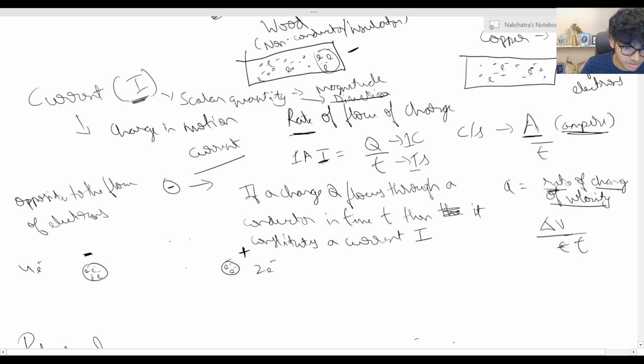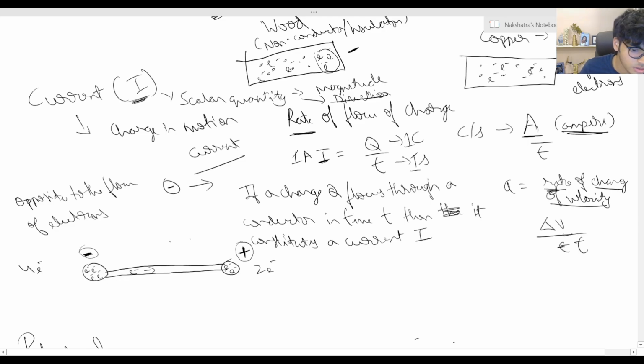So what we're going to see here is, if these two are connected by a conductor, the electrons will start to move in this direction. Because this has a more positive charge, this has a more negative charge, right? Electrons are attracted to more positive charge, because electrons are negatively charged and opposite charges attract each other.